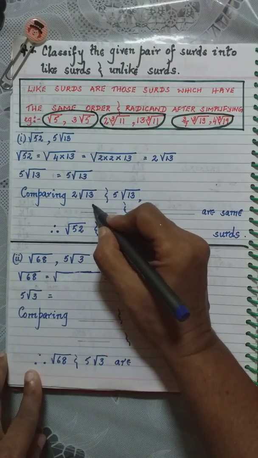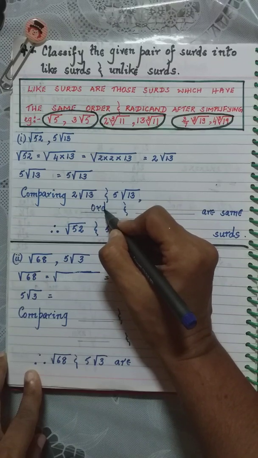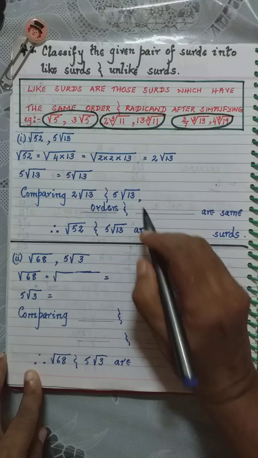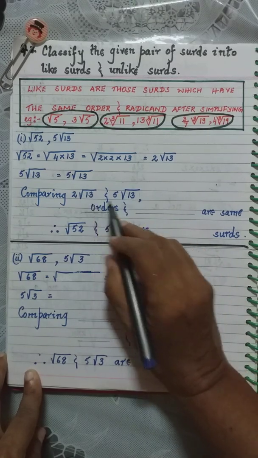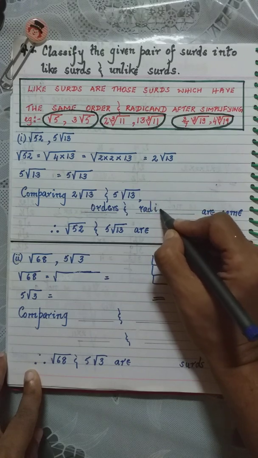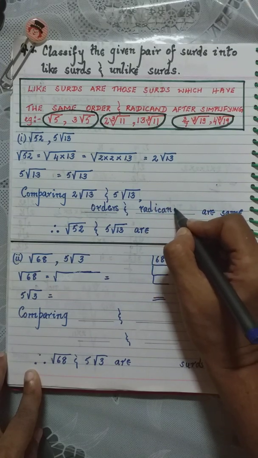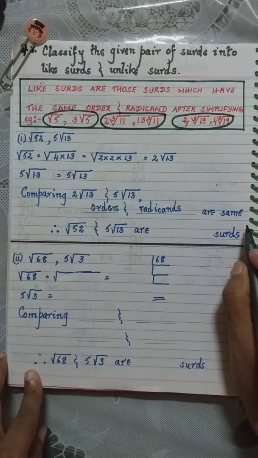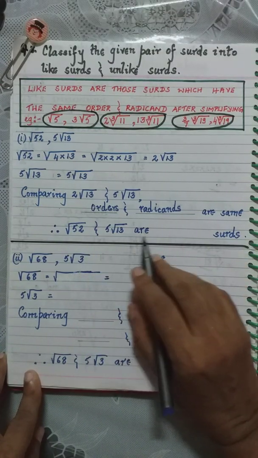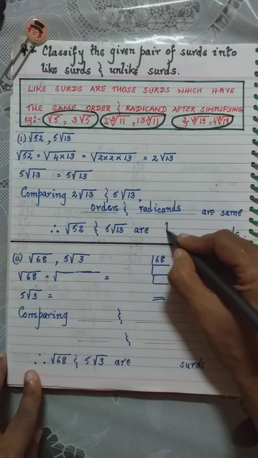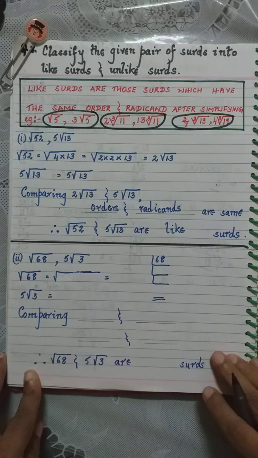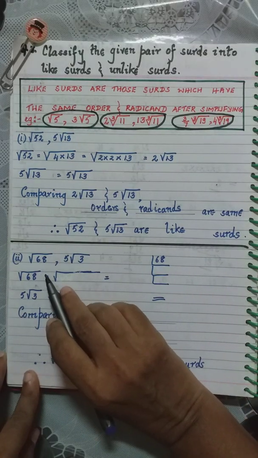So the orders are the same. What else is the same? The number inside, that is the radicand. So radicands are also the same. Therefore, square root of 52 and 5 root 13 are like surds.